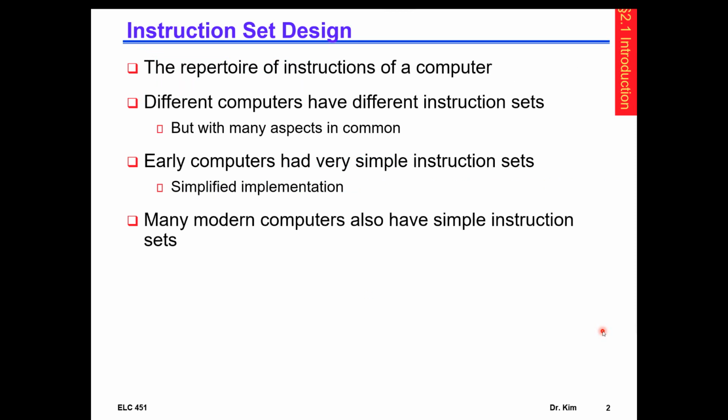So different processors have different instruction sets, and that is the main differentiator of different processors. And what that means is that if you compile a program for, let's say, a Pentium, it is not going to run on an ARM because it's a different instruction set.